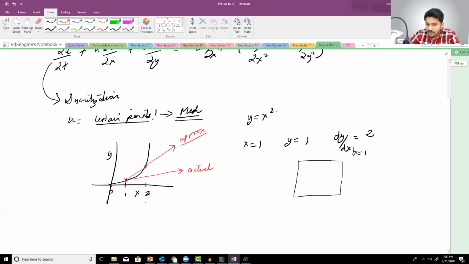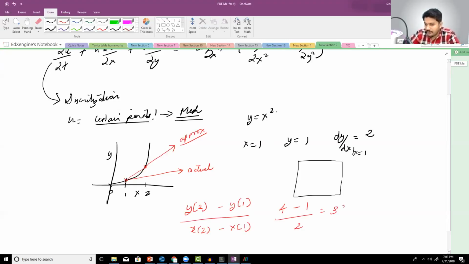This is the actual slope, and this is the approximated slope. How do you do the approximation? Well, you can calculate y at 2 minus y at 1, divided by x at 2 minus x at 1. When x is equal to 2, y is x squared, so that's 4 minus 1, divided by 2.